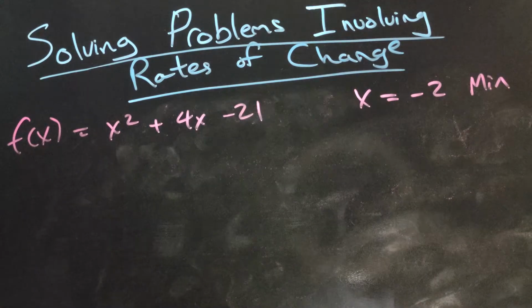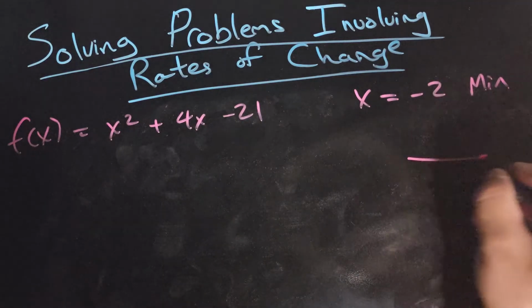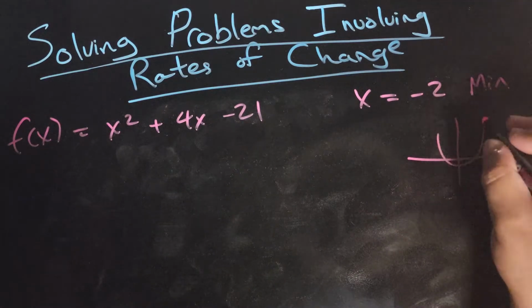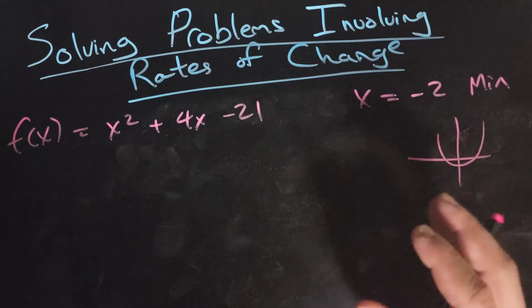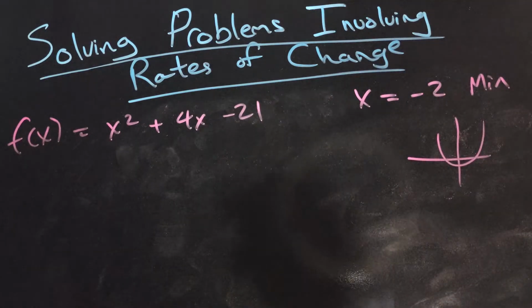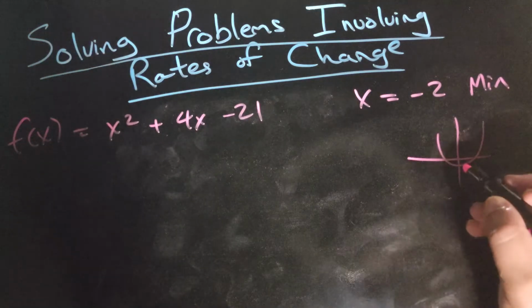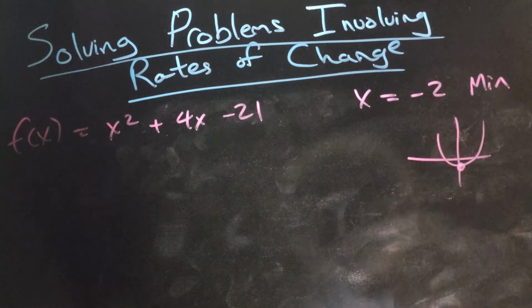So we know that this is a parabola with a positive in the front, so it's going to be like this somehow, somewhere. I don't know exactly where, but it's going to be opening upwards. So let's find or prove that x equals negative 2 at some point.